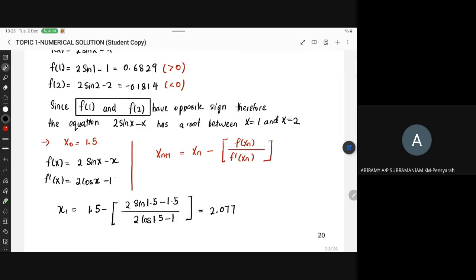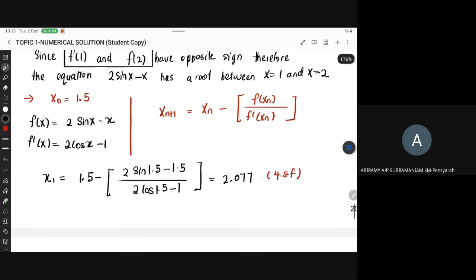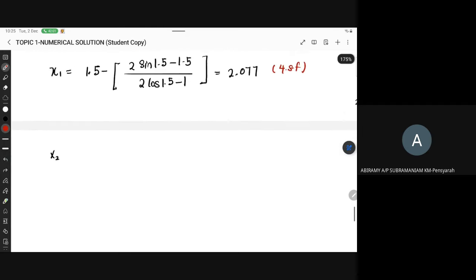So this is 4 significant figures. Okay, next we are going to find x2. There is a big difference between 1.5 and 2.077, so we need to continue the iteration.